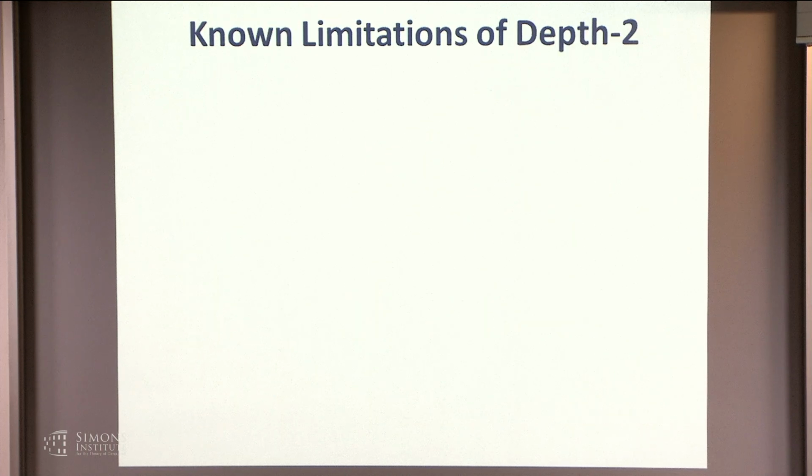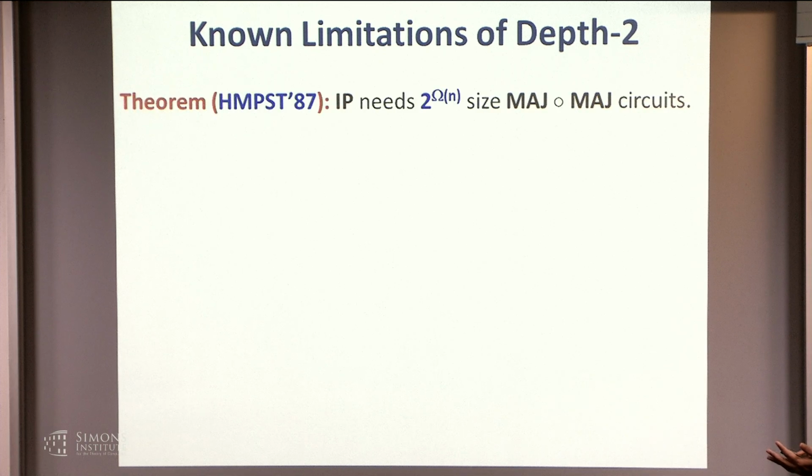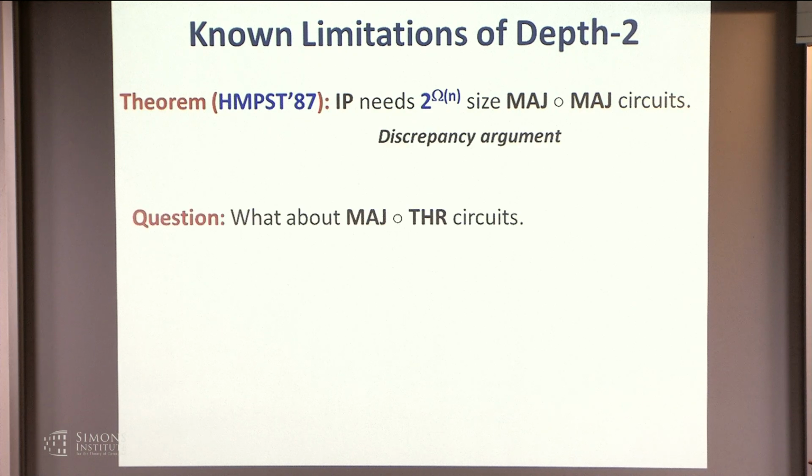Right? Okay, so now what are the known limitations of depth 2? This result that I alluded to was due to Hajnal et al. from '87, which showed that IP needs size omega n, and this is a discrepancy argument. So the question is now, what happens if I look at majority of threshold circuits?